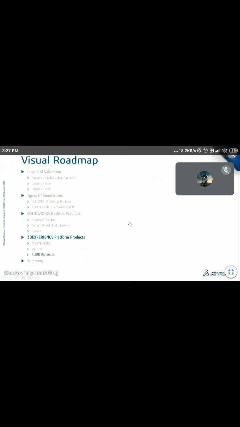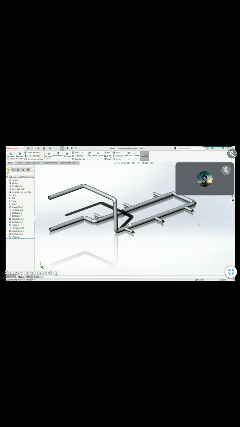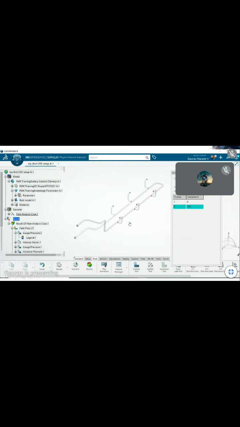And lastly, we have the same fluid dynamics also over the cloud, which covers broad physics, steady state to transient, laminar, turbulent, and so on, right? And there is interdependability between SolidWorks and your cloud platform.